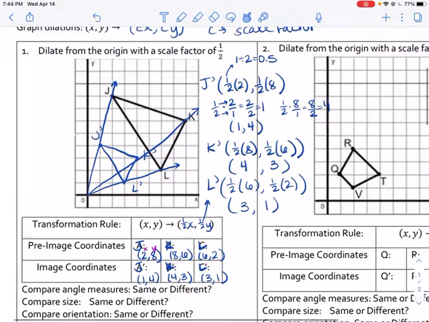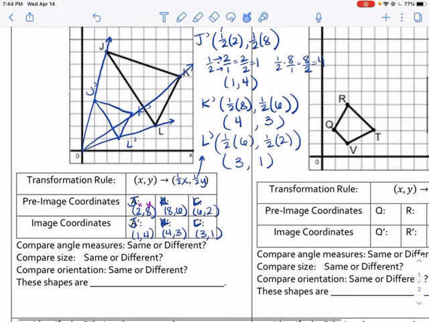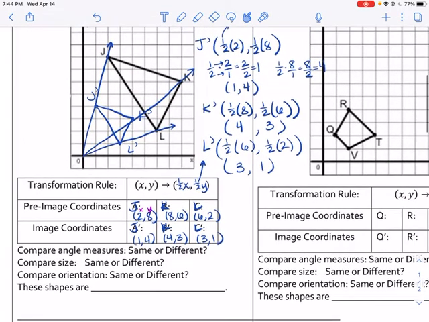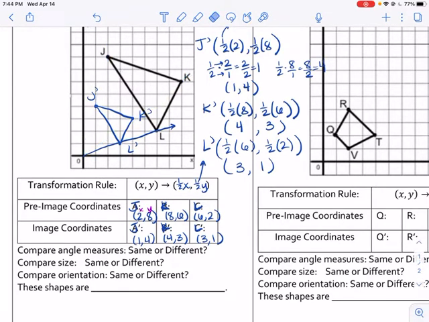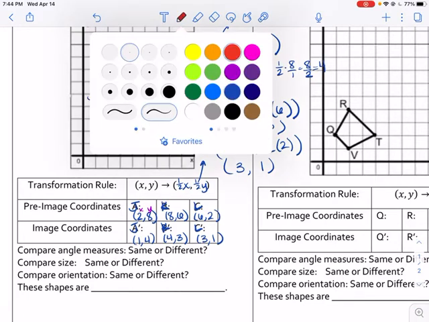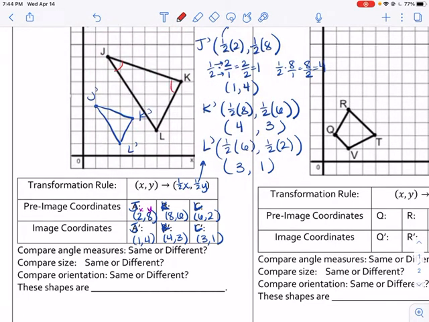Now we're going to find out, is this congruent, similar, or nothing? When we compare the angle measures, let me get rid of my little lines so that we can see the shapes better. When we look at the angle measures, I look at J, K, and L. J looks to be about the same measure. K is also the same measure. It looks like it's a little smaller than 90 degrees.